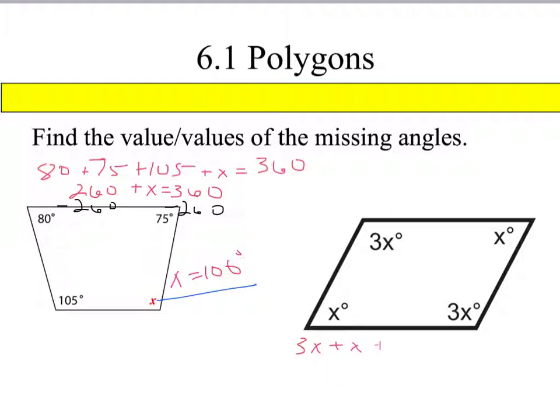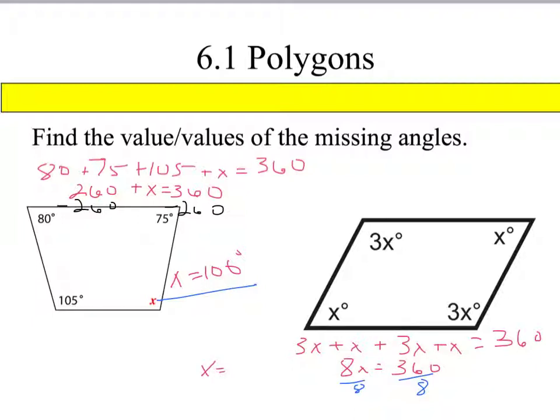So now you get 3x plus x plus 3x plus x equals 360. Now when you do that, you have 8x is equal to 360. We need to divide by 8. 360 divided by 8 is going to be 45.